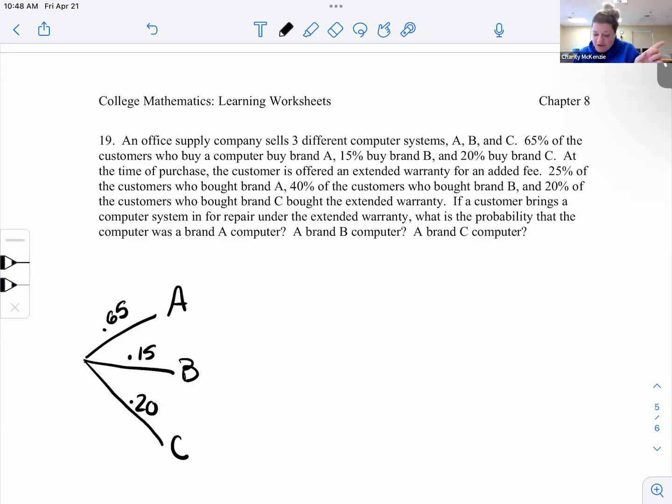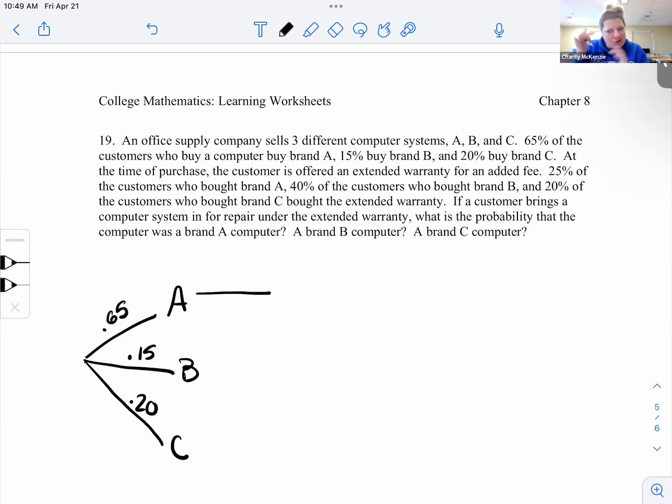At the time of purchase, the customer is offered to extend the warranty for an added fee. Of the customers who bought brand A, 40% did this extended warranty. So this is just the warranty.